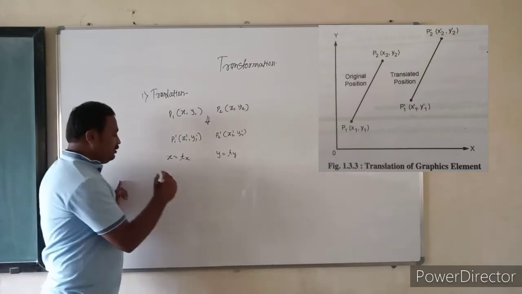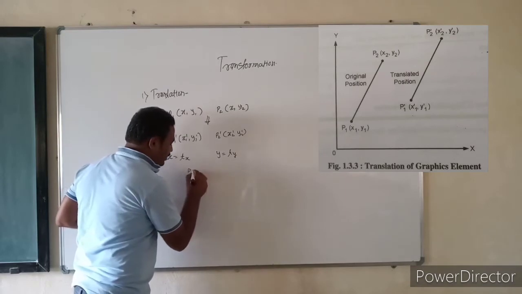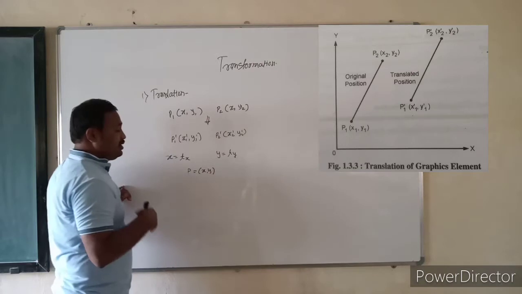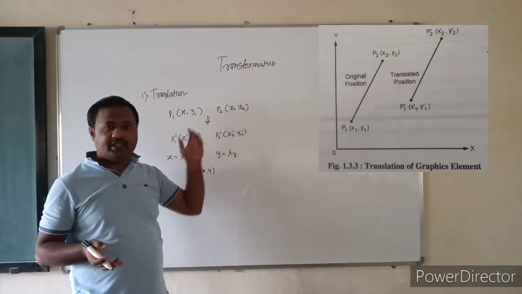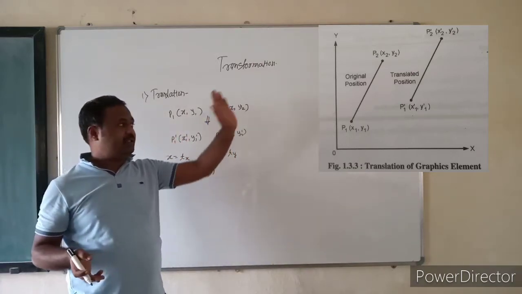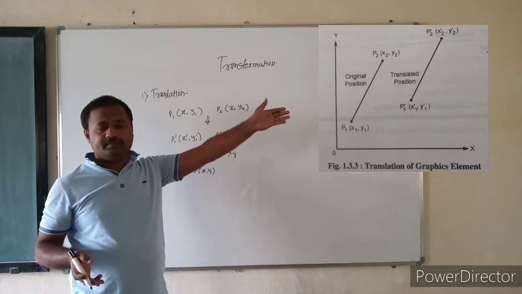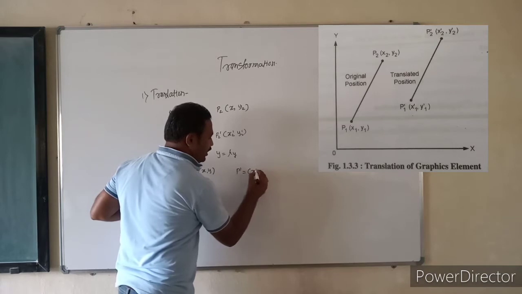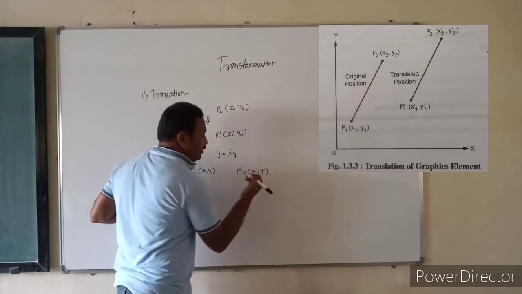In 2D matrix form, we consider the point P, x and y, translated to new coordinates P dash, x dash, y dash.